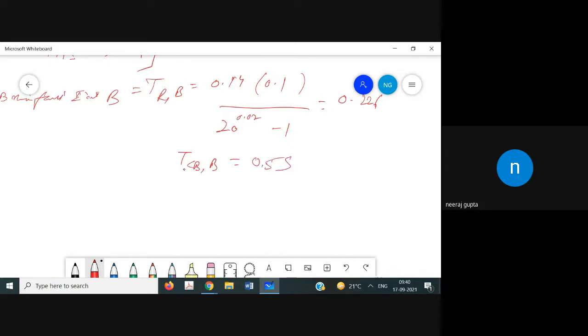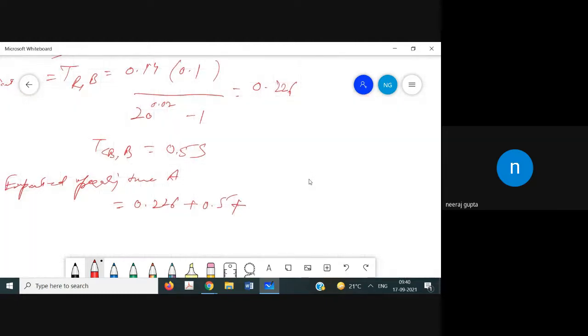The total expected operating time of A is given by this summation: 0.226 plus 0.5 plus 10% of this total, that is 0.1 times (0.5 plus 0.226).